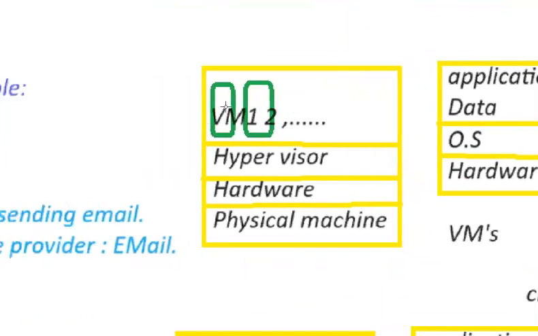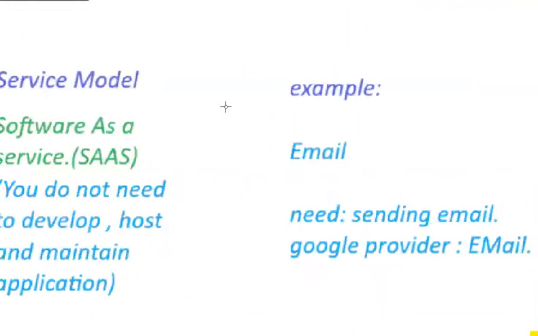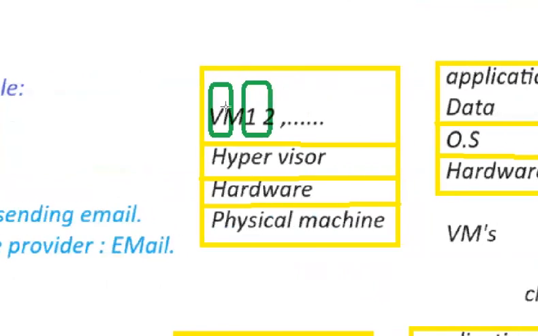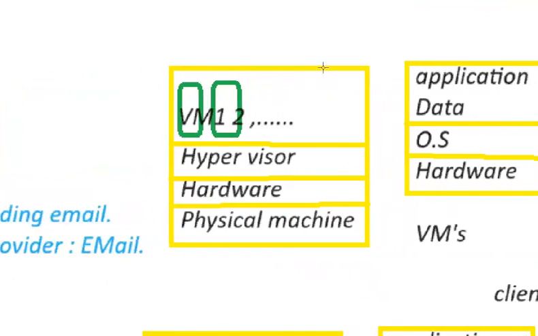And coming to software as a service, we are not responsible for anything. Everything will be provided by the software provider. The provider is responsible for everything, and we are just going to use the application, that's it.